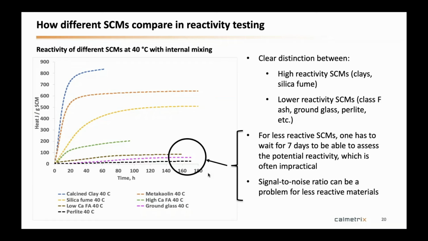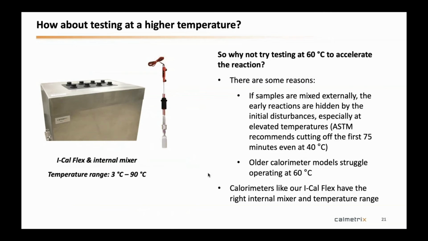RILEM says 40 degrees C, but why wouldn't I try something a little higher? Why would I go to 60 degrees C? Actually, 60 degrees C makes sense. Why not? If you want to get a faster reaction, you could very well try. Now, there are a couple of things that make it iffy in some circumstances.